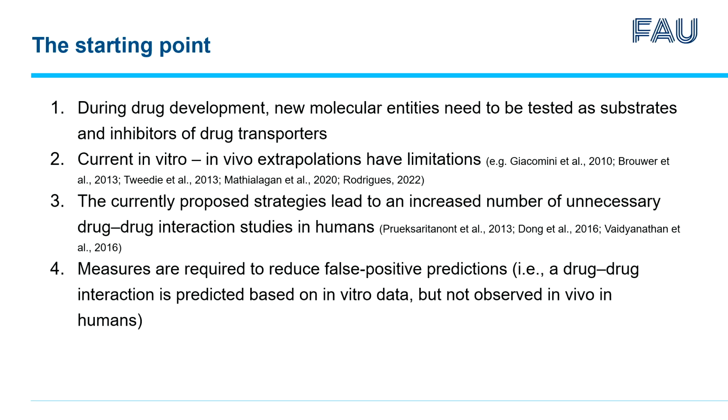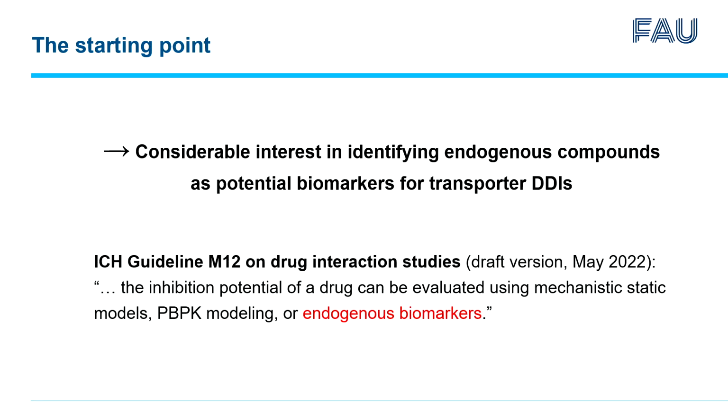And in order to reduce these false positive predictions, so in a way that in vitro data trigger these DDI studies in humans, and then they turn out to be negative, we want, in the biomarker field, which has been quite active in the last couple of years, to reduce these false positive predictions.